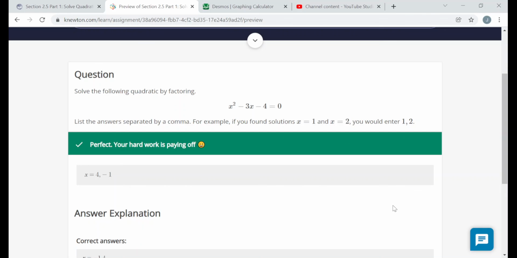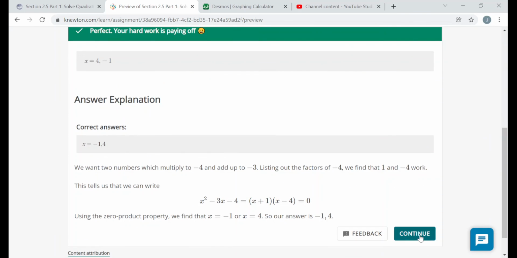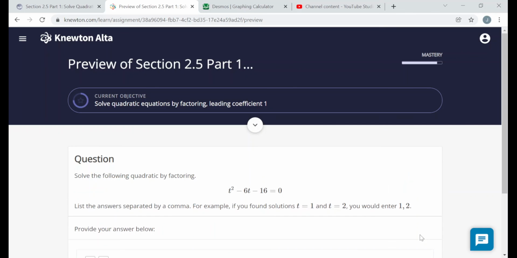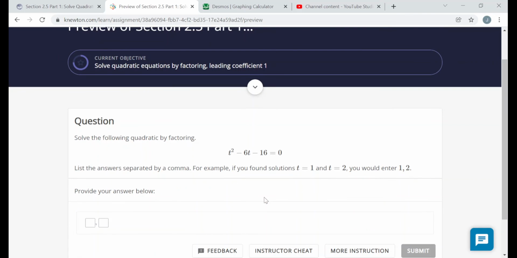Great. Hard work. And I should have just one more of these. Again, I've done 2 of these on paper earlier, so I'm just going to say this one out loud again. Oh, here they have separate slots for you to enter the solutions with the commas already there, so be careful. Pay attention to how they want you to enter answers. t² − 6t − 16 would factor to (t − 8)(t + 2).